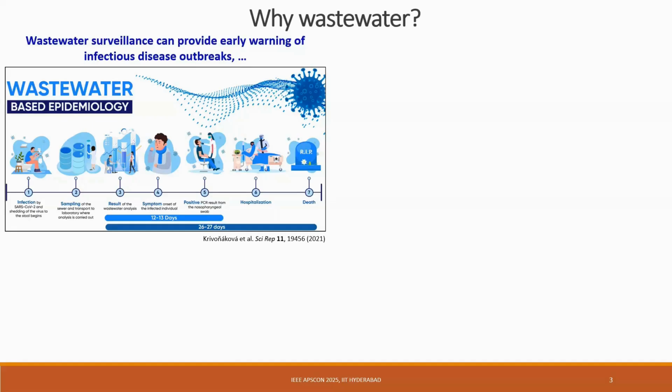India itself has been polio free now for many years. And since the early 2000s, ICMR has an active wastewater surveillance program just to make sure there are no polio outbreaks. So the idea is that instead of collecting samples from individuals and then testing them in the lab, you collect wastewater samples. So these are sewage samples from a community.